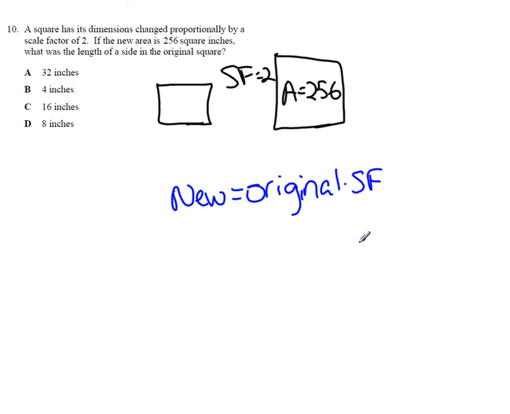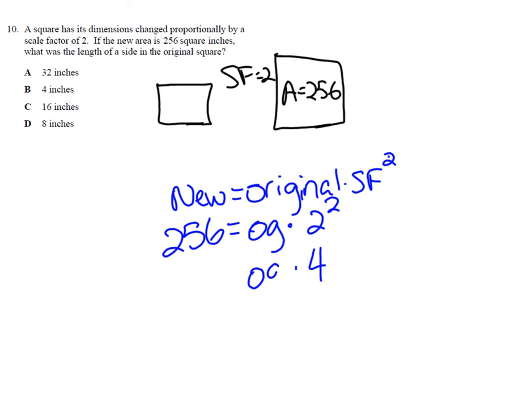So this is scale factor squared since we're talking about area. The new area is 256 equals the original times 2 squared. So what does 2 squared equal? 4. Very good. So 4 times some number equals 256.